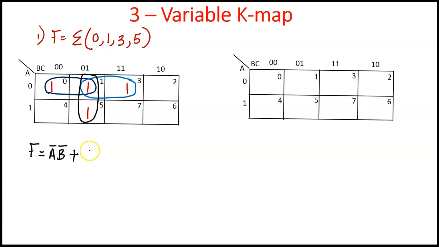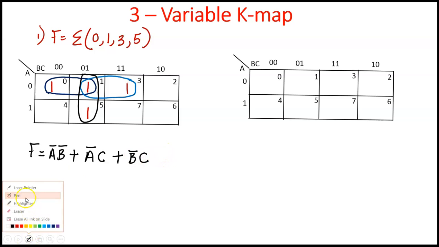So here A is 0, therefore A bar, whereas C is 1, therefore C. Similarly, in the third group, the A value is changing, whereas the BC value is not changing, but B is 0, therefore B bar, and C is 1, therefore C. So this is the expression for this example.